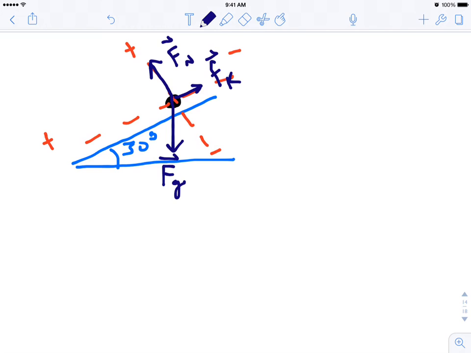These are the only forces that will be acting on our turkey while it begins to accelerate down the hill.